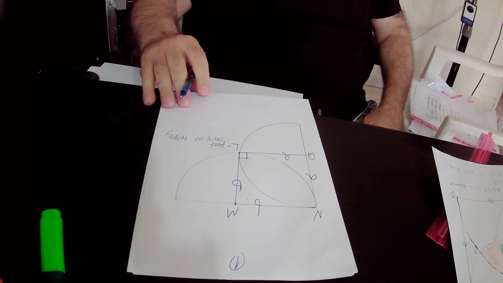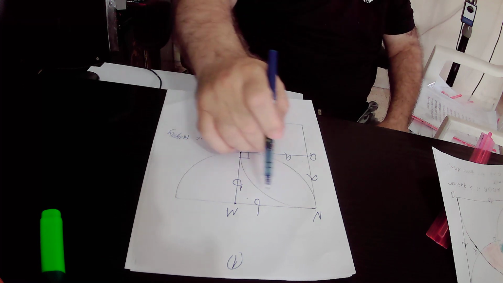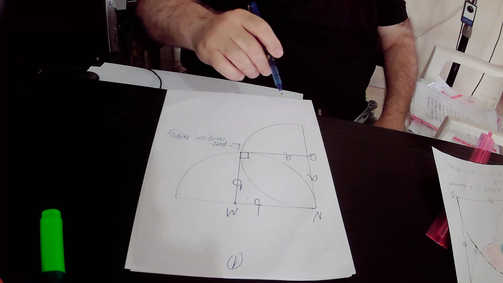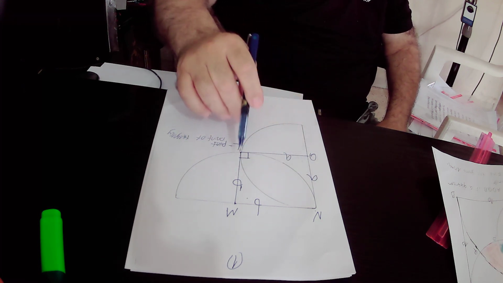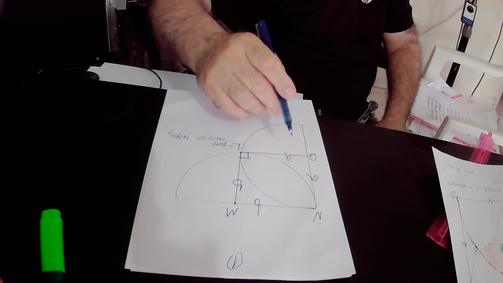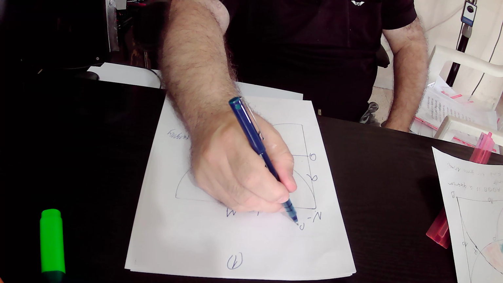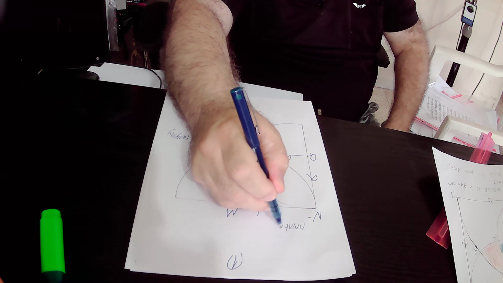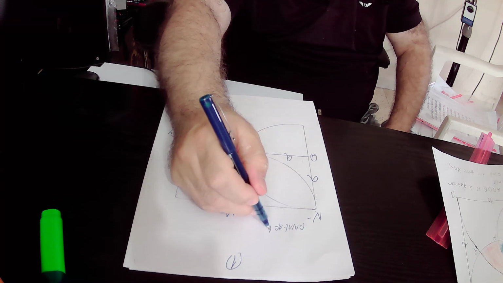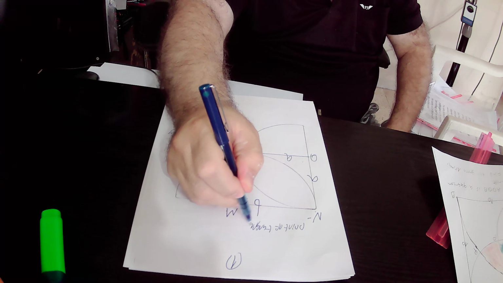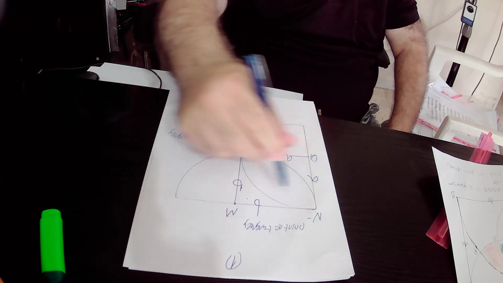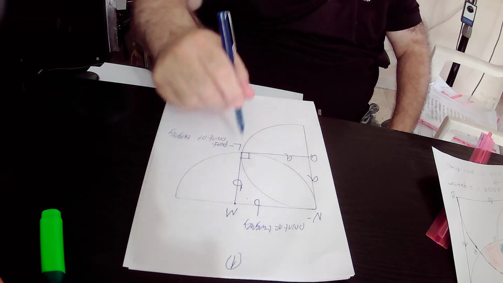Here, the radius MN is tangent to this semicircle. That is to say, point N is the point of tangency of tangent NM with this semicircle.